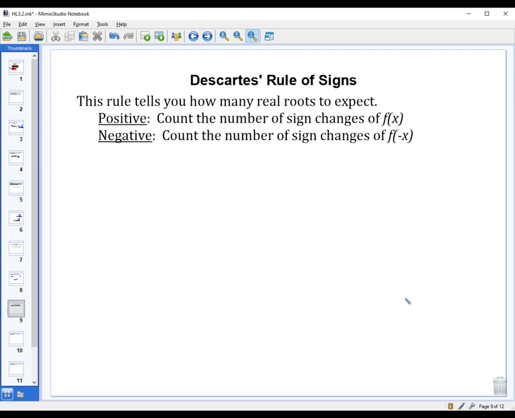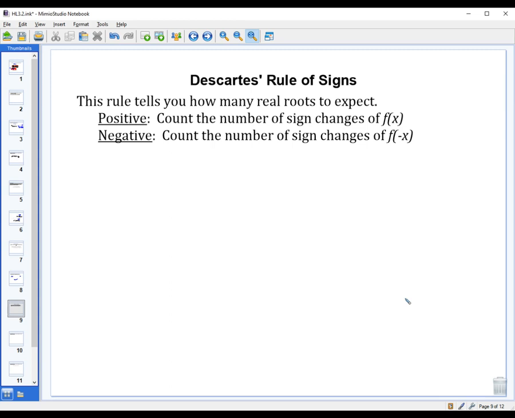And now we're going to learn something called Descartes' rule of signs. This helps us determine how many positive zeros there are, how many negative zeros there are. And these are dealing with real roots, not imaginary roots. So for the positive, we want to count the number of sign changes that the function has.